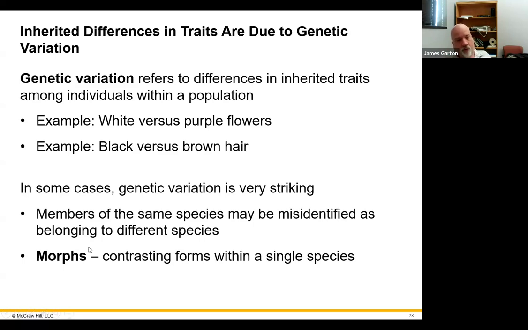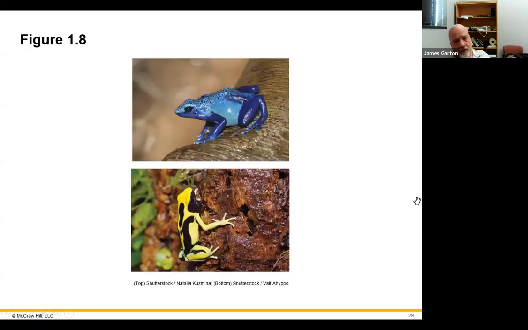Very contrasting forms within a single species. For example, same species. If you look on coloration pattern alone, you would not identify these two animals as being members of the same species. So they're morphologically very different from each other.